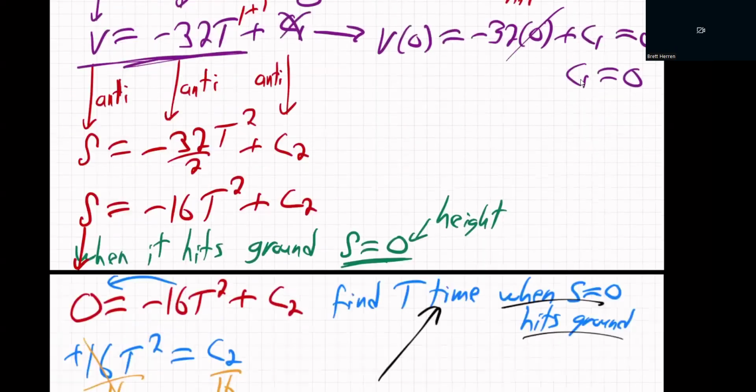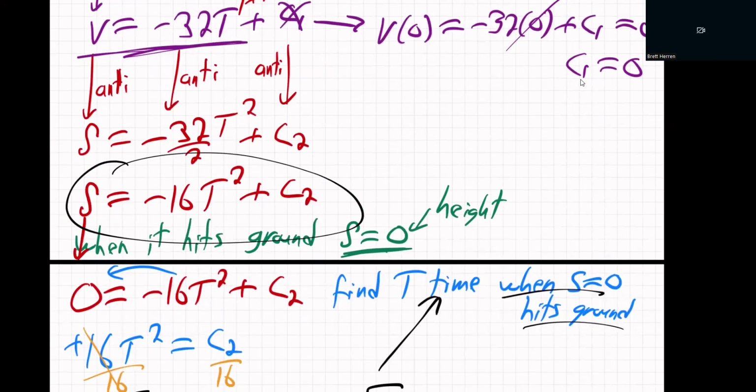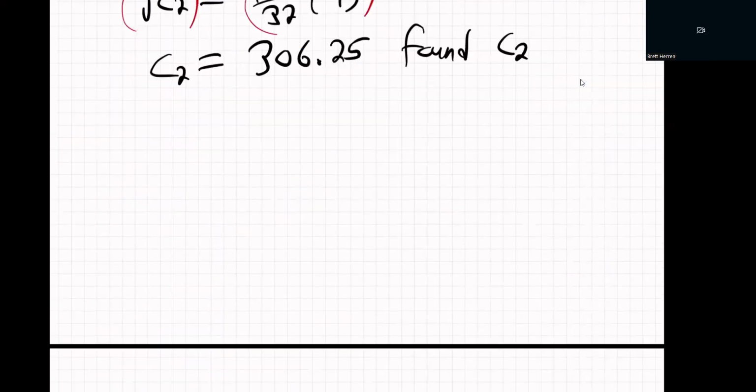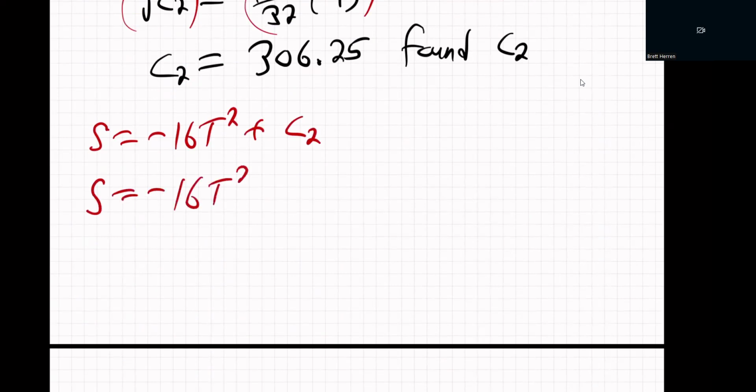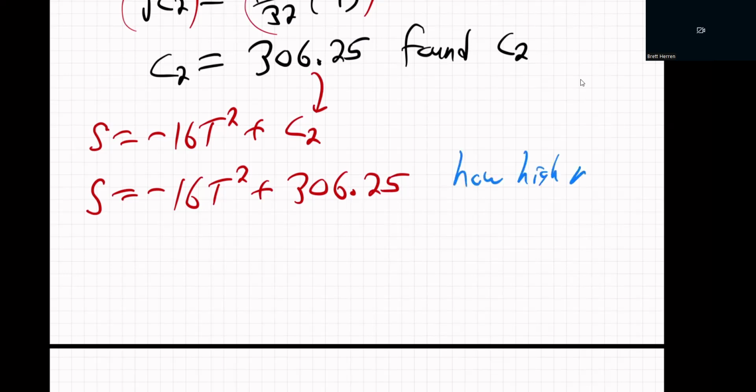Let's grab the position equation, which is right here: minus 16t squared plus C2. Now we know that the C2 is 306.25, right? We found that. Okay, so what? But how do we find out how high the roof is?